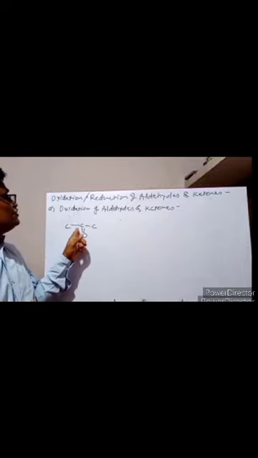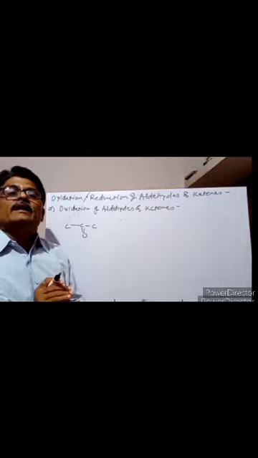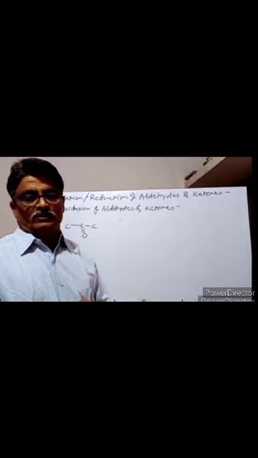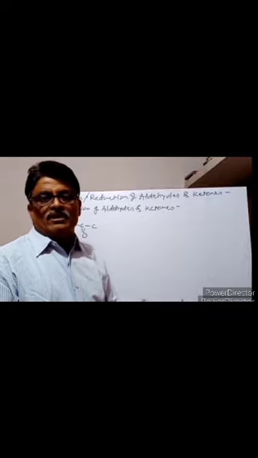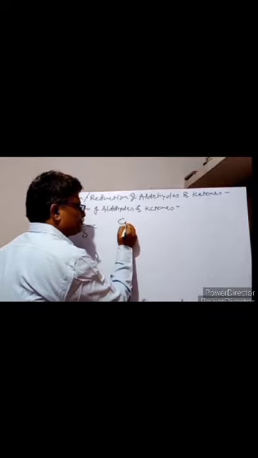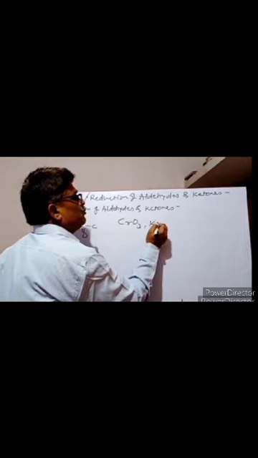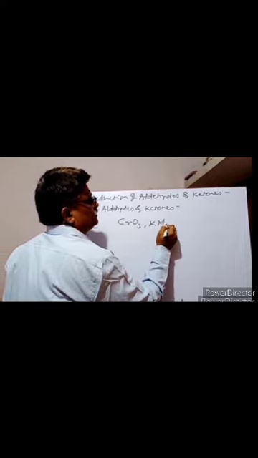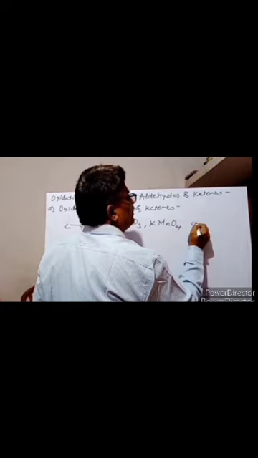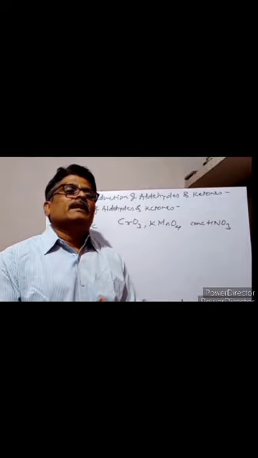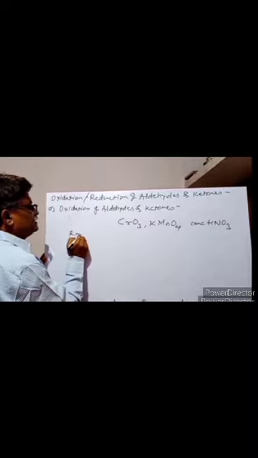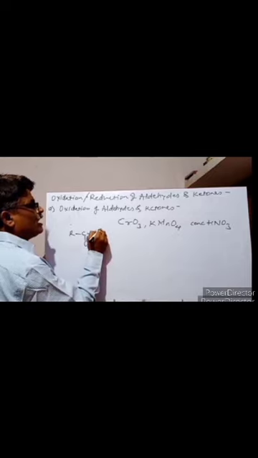Ketones have a strong C double bond O, and therefore resist oxidation. But they can also be oxidized by using a strong oxidizing agent like chromium trioxide, CrO3, potassium permanganate, or nitric acid into corresponding carboxylic acids. A general example of a ketone is R, C double bond O, R dash.